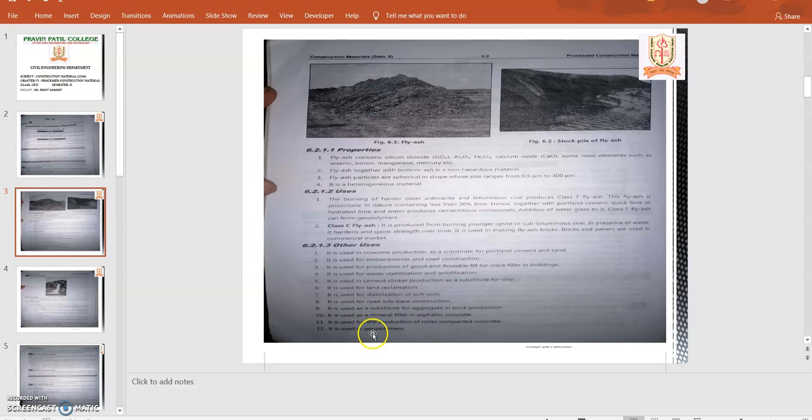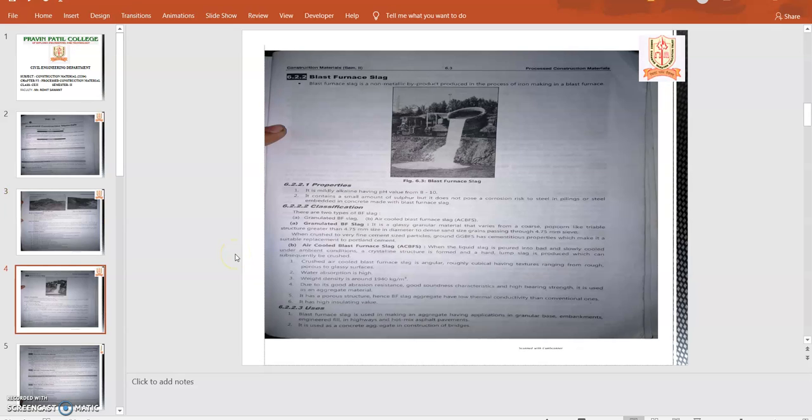It is used for the production of roller compacted concrete, and it is used in geopolymers. So these are the huge uses of fly ash that can be a great replacement for the cement, sand, aggregate, then clay soil. So that's why it is widely used for the production of the cement also.